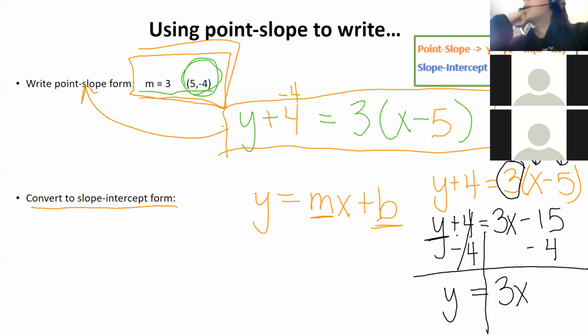What do you guys think? Trick question there. And not really a trick question, but that is the question. Is that -15 minus 4 or 15 minus 4? You can write it on the screen if you don't want to say it or type it.